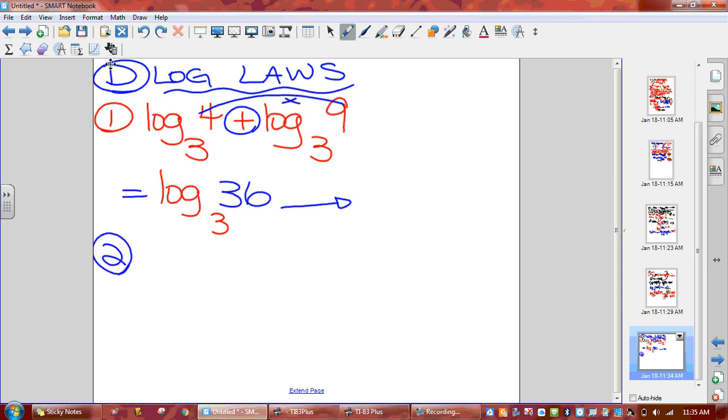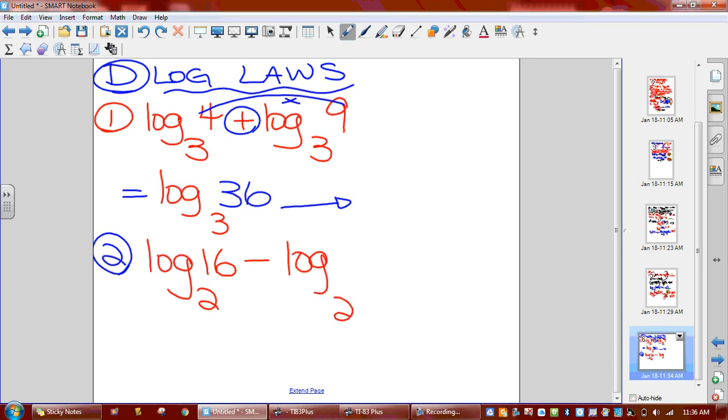There are also going to be situations where we can use our log law where we cancel our base. When the base and the argument are powers of each other, we can cancel. We're going to do situations like that in a moment. So what about if they're separated with a subtract sign? We're going to do the exact opposite. So log base 2 of 16 minus log base 2 of 8. The minus sign in the middle, we're going to change to a divide sign. We're going to divide the arguments.